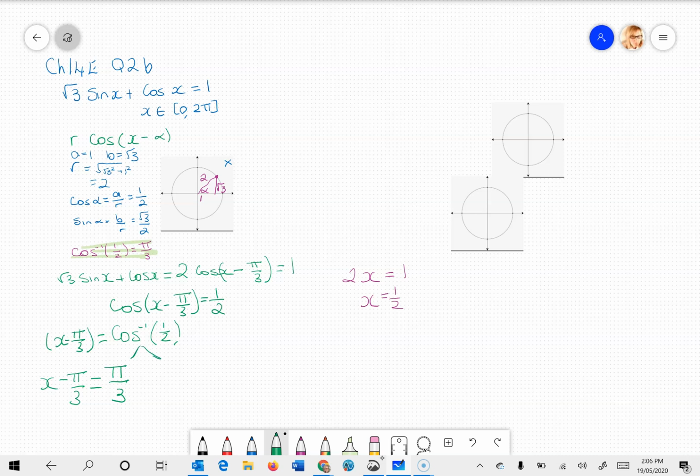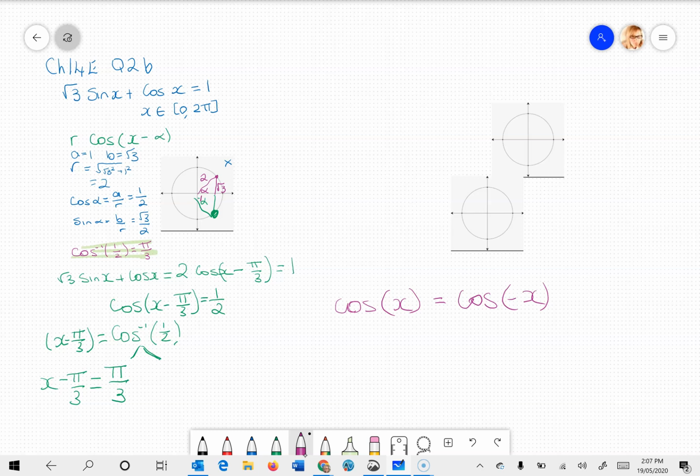But you know what? It also gives us this solution down here, because the negative value will also give us the same thing, because cos of x is the same as cos of negative x, because they're both the same up here. That's the same x value for both points.